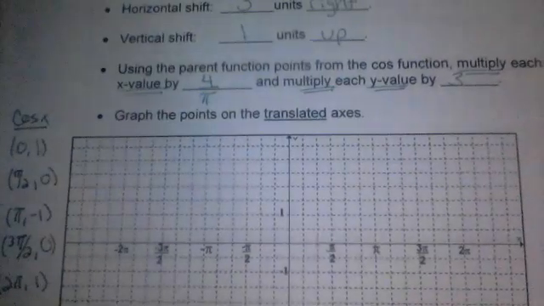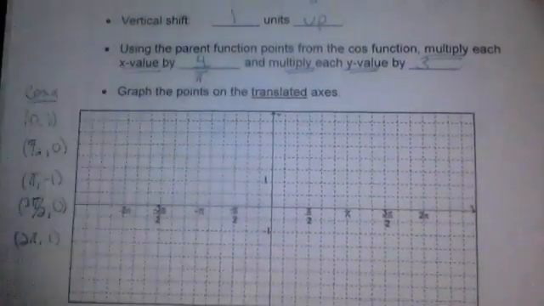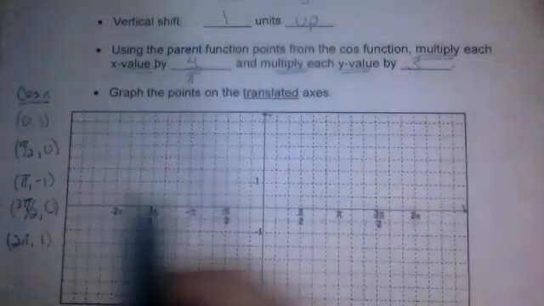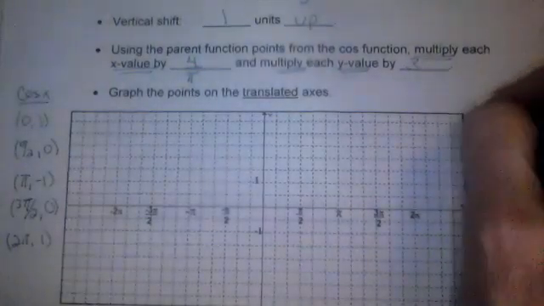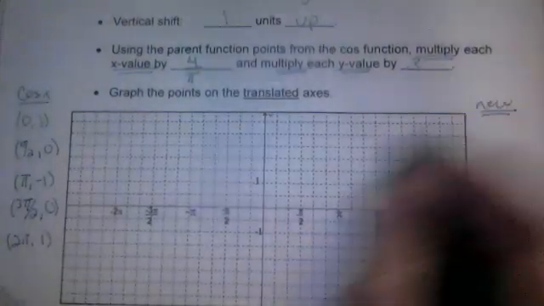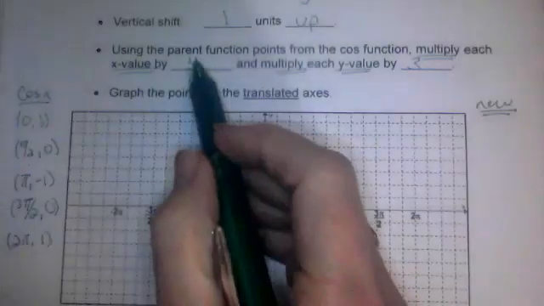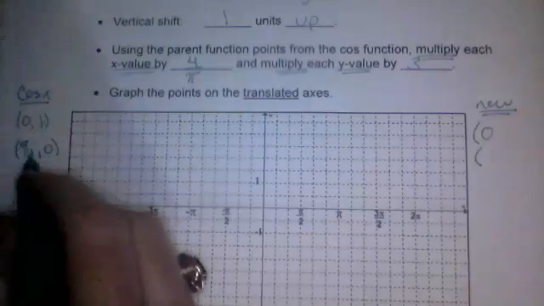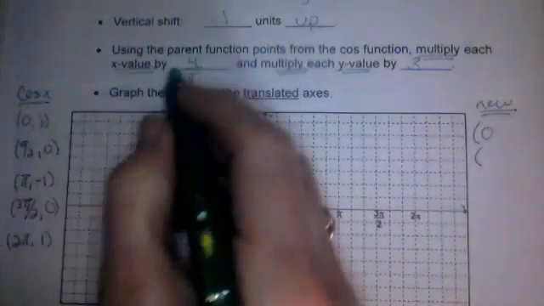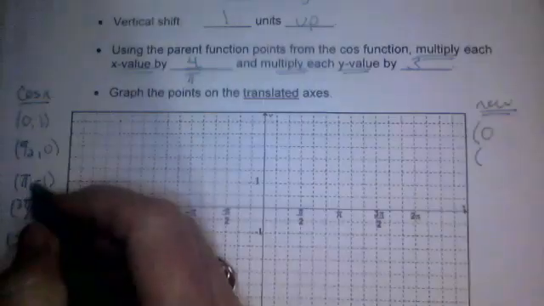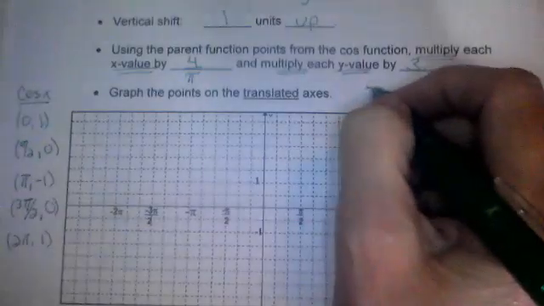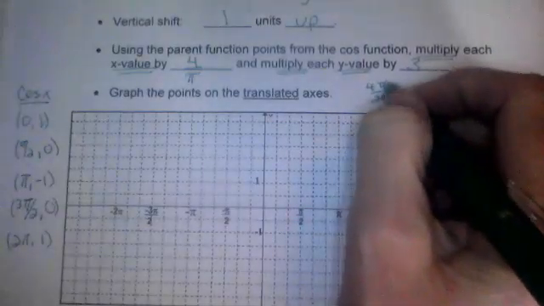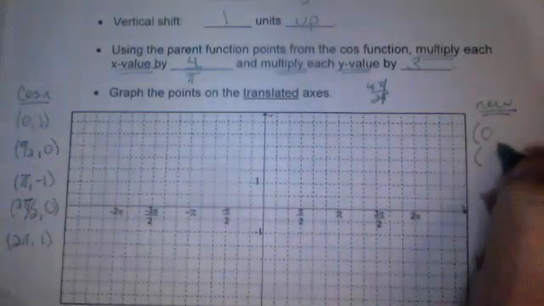So let me move this up just a little bit so you can see. Okay, so I'm going to write my new points over here. So we're multiplying the x's by 4 over pi, so 0 is still 0. Pi over 2 times 4 over pi would be 4 pi over 2 pi, pi's are going to divide out, 4 over 2 is just 2.